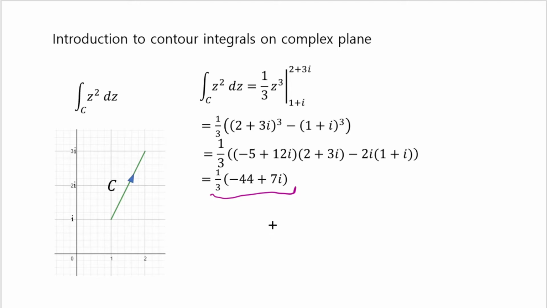Now this immediately gives you some things to ponder, whether contour integrals done using the parameterization of the path is really necessary or not. Well, it is necessary because in some cases it works the other way.